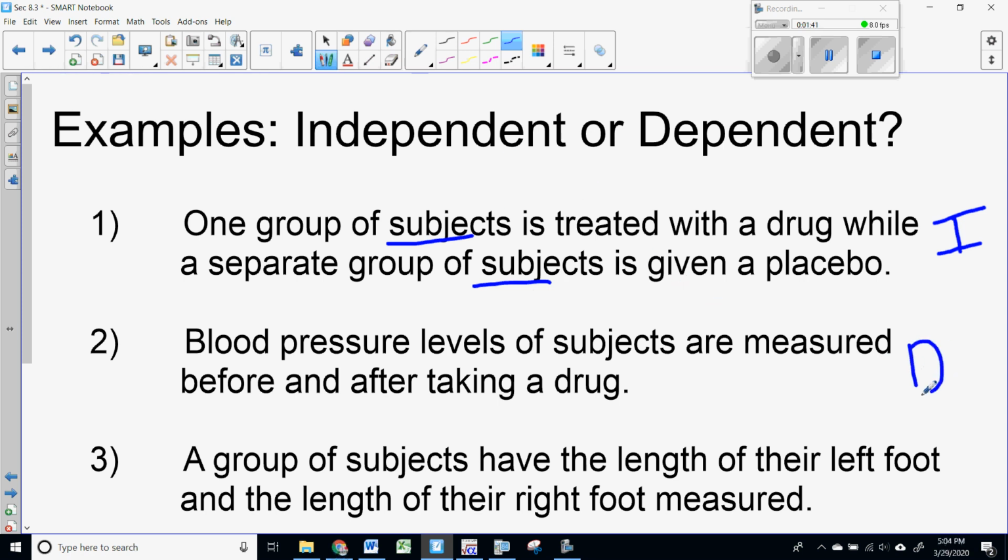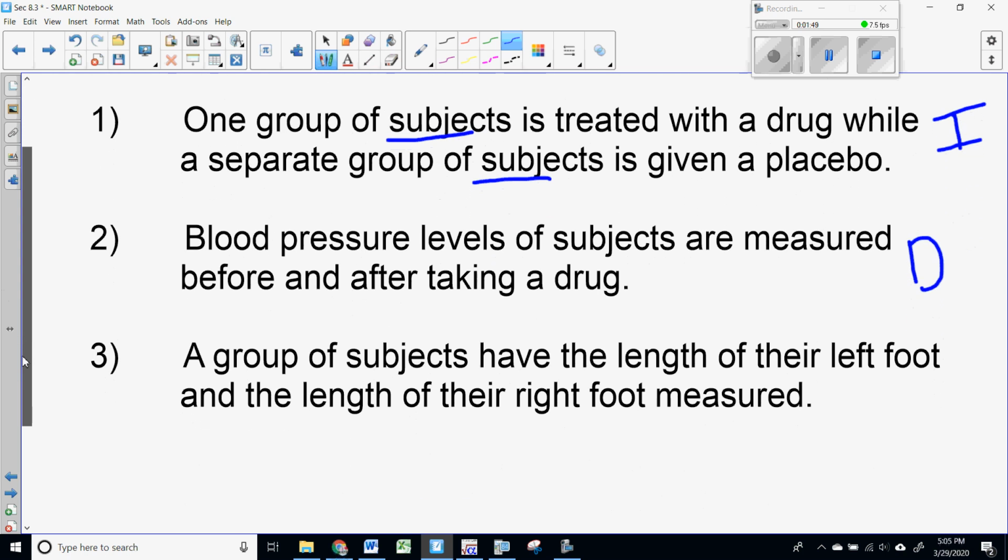This is going to be dependent because each person is getting measured before and after, the same thing measured twice. A group of subjects has the length of their left foot and the length of their right foot measured. These are dependent because every measurement of a left foot can be paired to a measurement of a right foot.